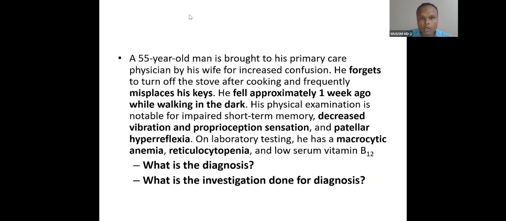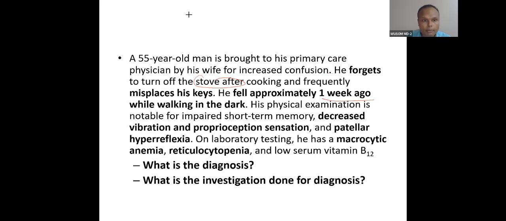A 55-year-old man is brought to the primary care physician by his wife for increased confusion. He forgets to turn off the stove after cooking. So forgetfulness, confusion, and he frequently misplaces his keys. He fell approximately 1 week ago while walking in the dark.